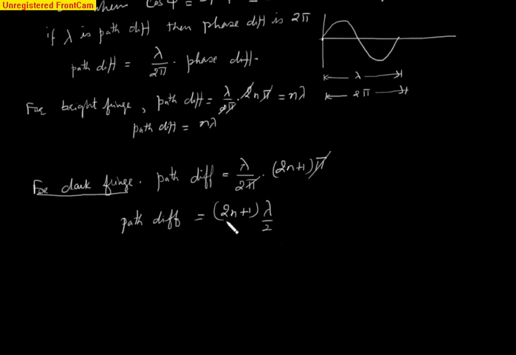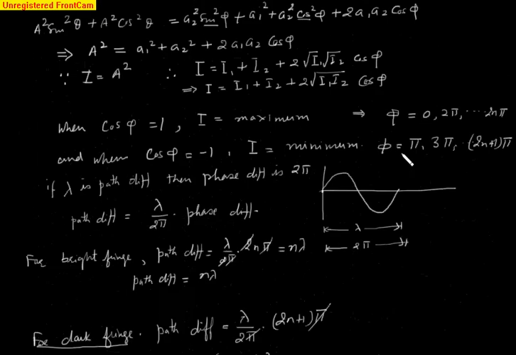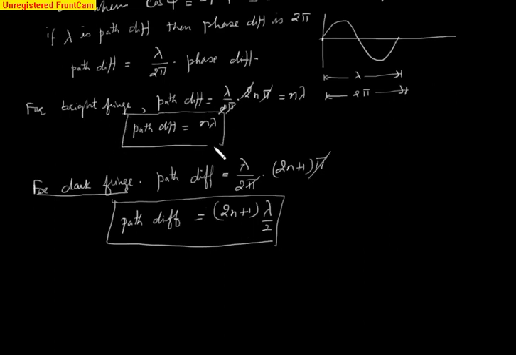That means if the path difference is an odd number of half wavelengths, then at that point on the screen you will get darkness, otherwise it will be brightness. So these are the conditions under which we can find bright points and dark points on the screen. One condition is this, the other condition is this. This is for the brightness, this is for the darkness.